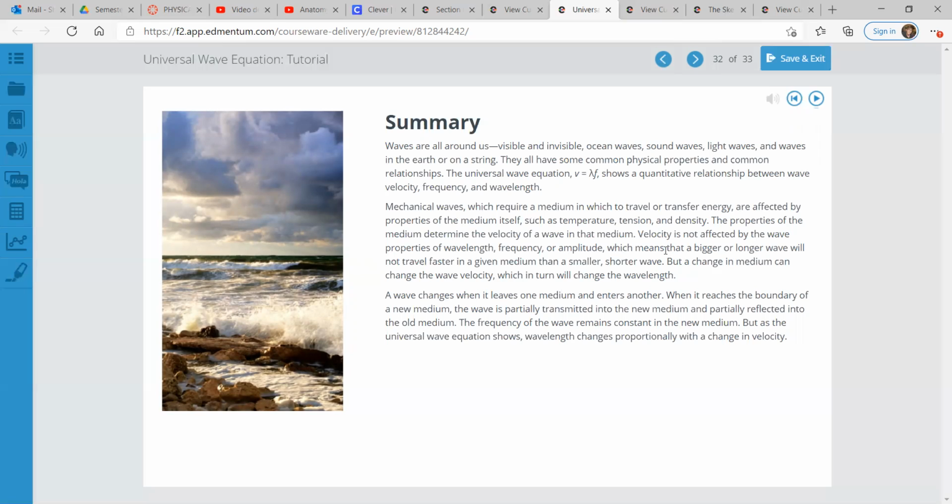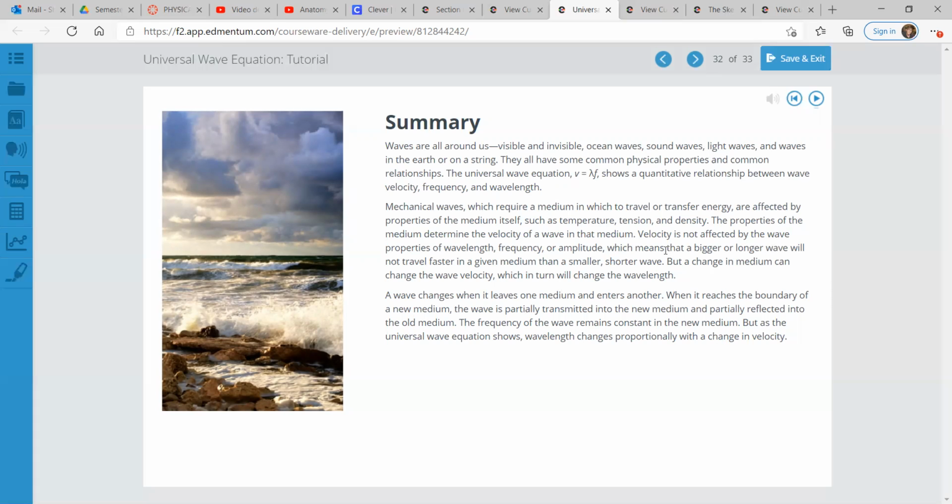Temperature, tension, and density, for examples. The properties of the medium determine the velocity of a wave in that medium. Velocity is not affected by the wave properties of wavelength, frequency, or amplitude, which means that a bigger or longer wave will not travel faster in a given medium than a smaller, shorter wave.